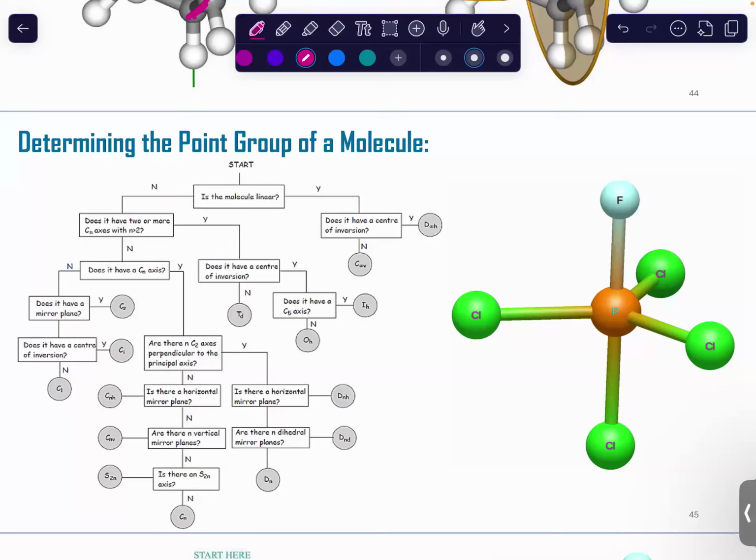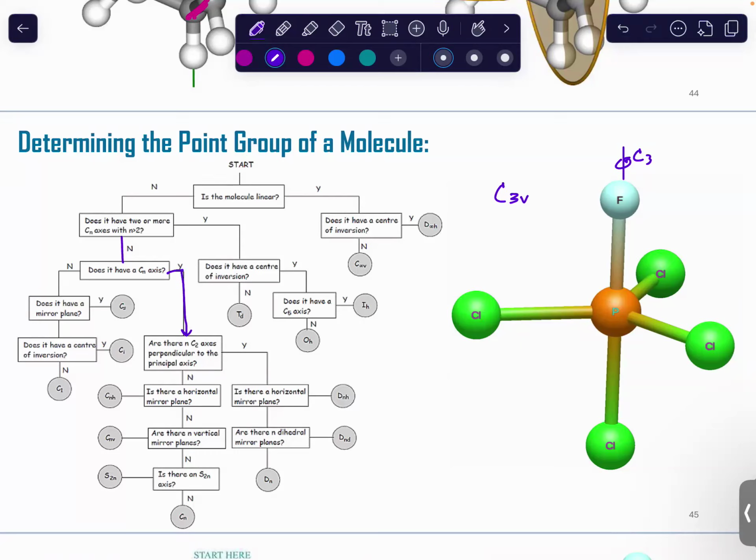So remember, the N is going to be dictated by your principal axis. So let's see what we have. The C3 there. Does it have two or more of those? No, it doesn't. Are there C2 axes?